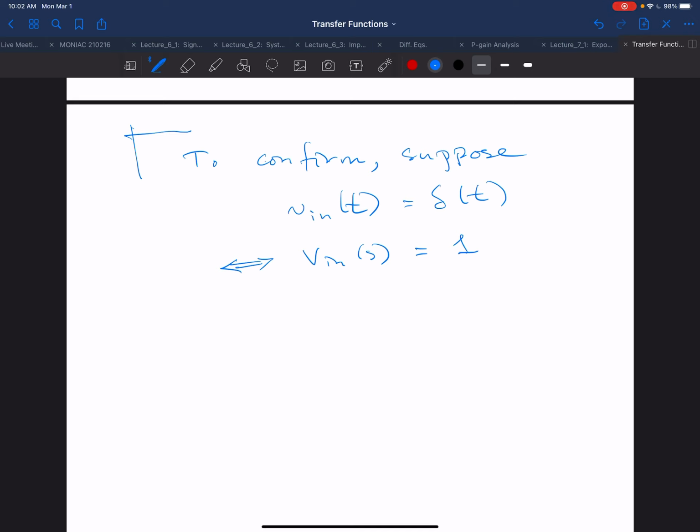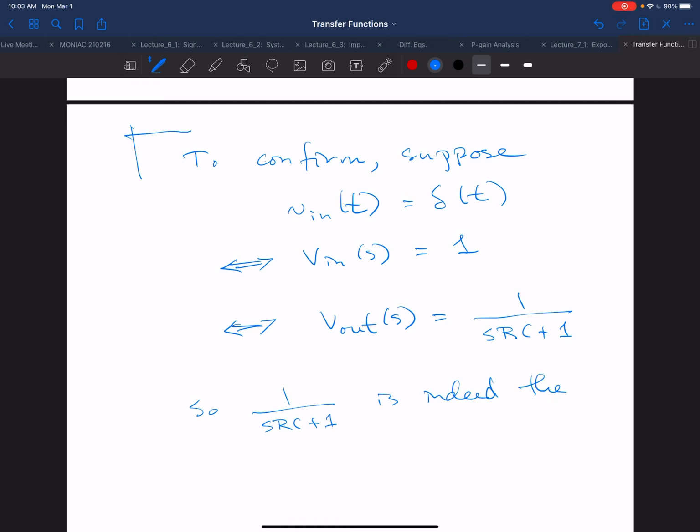That's the transform of the unit impulse. And that means that V out of s is 1 over sRC plus 1. So 1 over sRC plus 1 is indeed the transform of the impulse response.